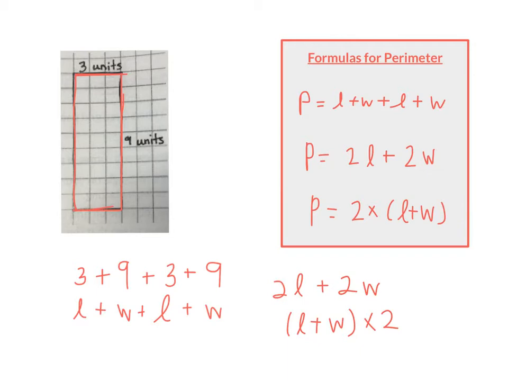Let me show you what I mean. We can think of it as length plus width plus length plus width, which is this first example, right? Length plus width plus length plus width. Yes? We can also think of it as 2 lengths because there are 2 lengths.